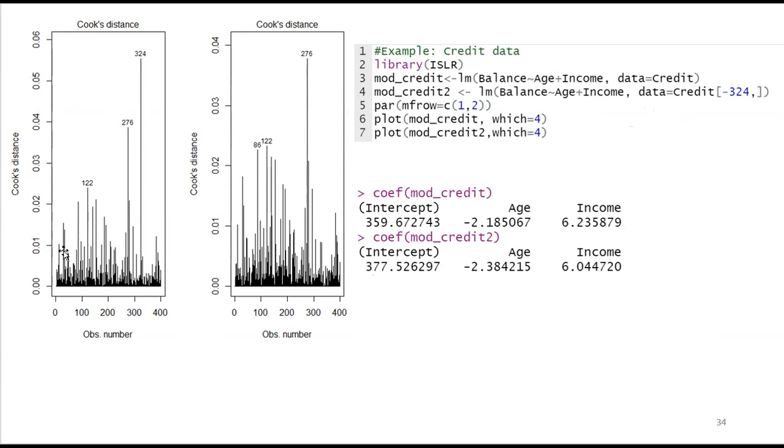You've got the Cook's distance here, and the observation numbers arranged, so here's the index number. What you're looking for, as I said as a guide, is anything that stands out. Well, these 3 cases are numbered here. Now, the way to use Cook's distance, because of the way it's constructed, you're removing one case at a time, is you just look for the one which stands out from the others.